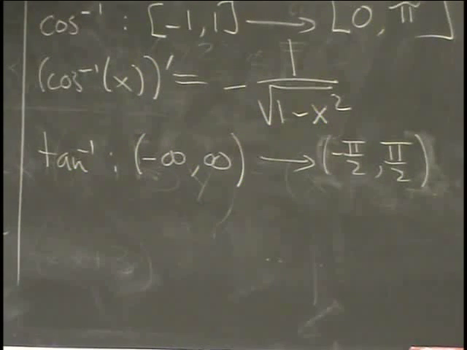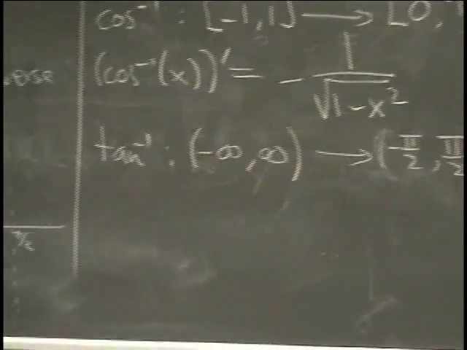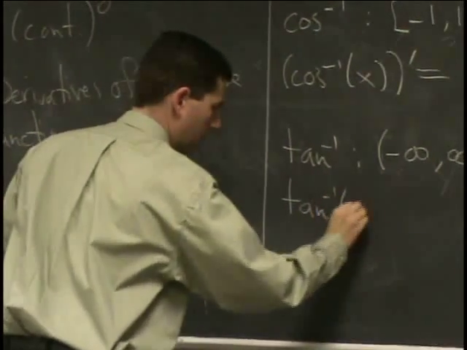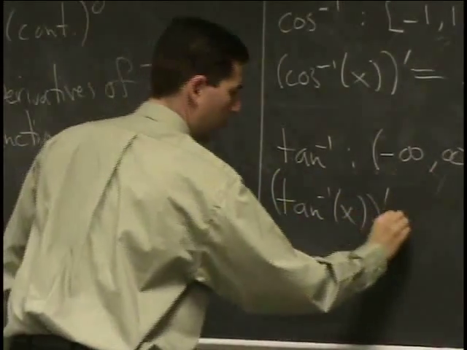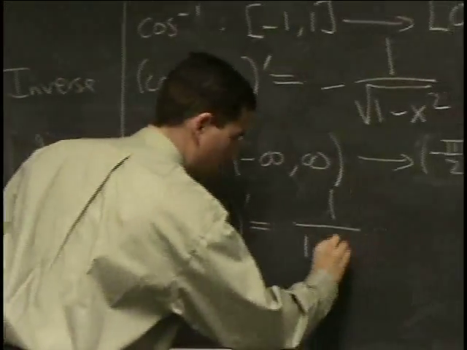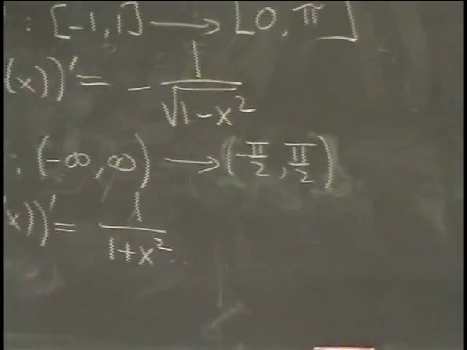Of course, it never actually hits these endpoints, so you don't want to include them there. Okay, and when we took the derivative, right, we got 1 over 1 plus x squared.